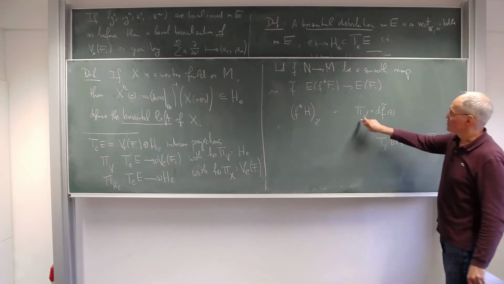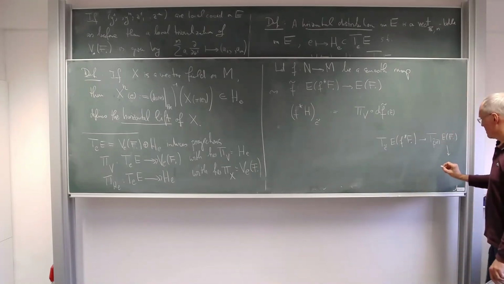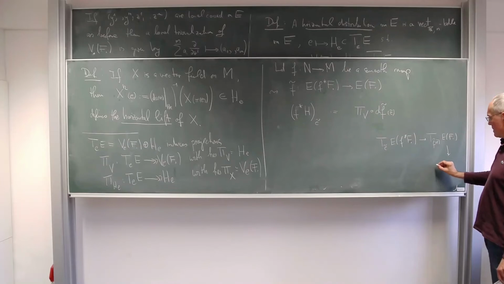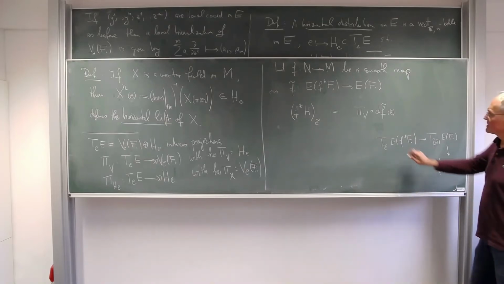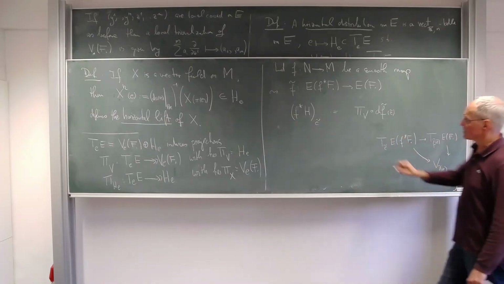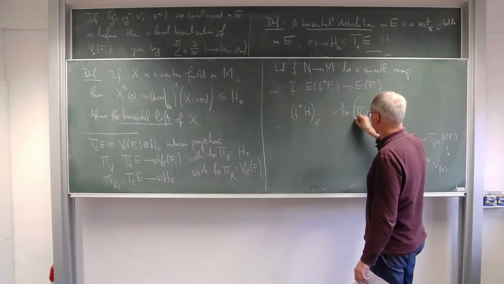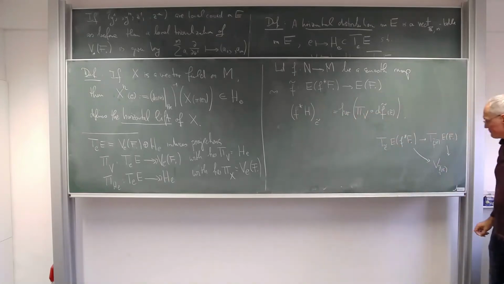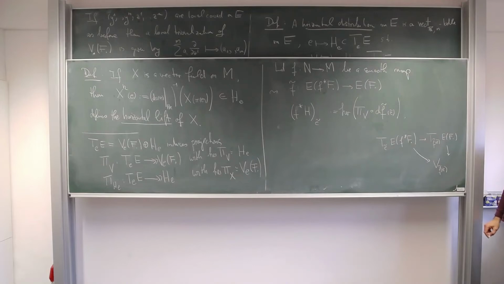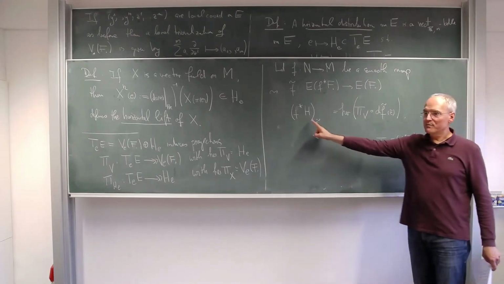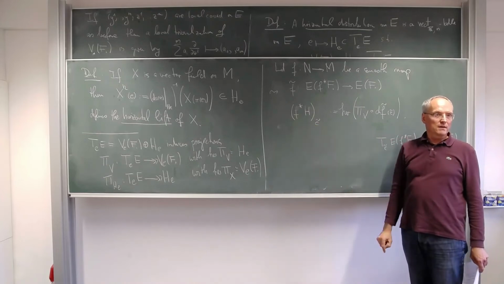And then I apply this projection map and I land in the vertical subspace of the image point. Right? So this is a map from here to there, and I take the kernel of this. And now I claim that this is a horizontal distribution for the pullback bundle.